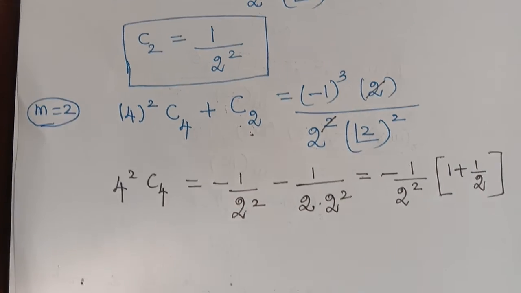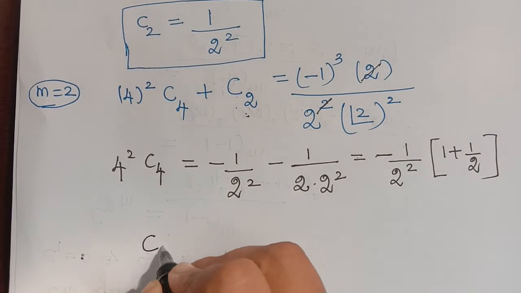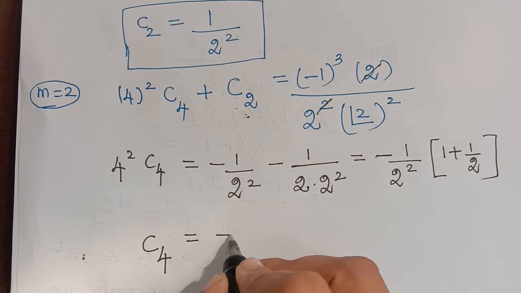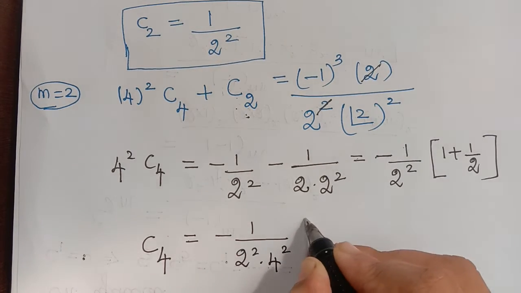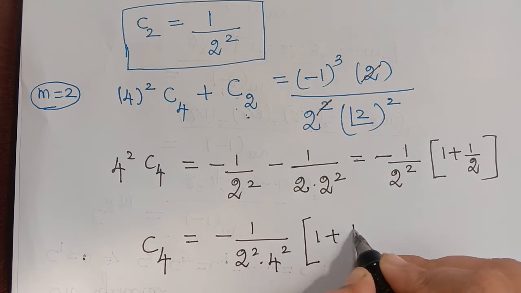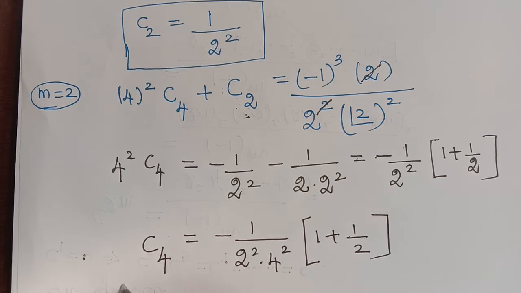Bringing 4 squared to the right, we get c4 equal to negative 1 by 2 squared multiplied with 4 squared, and within the bracket 1 plus 1 by 2. So this is what we get.